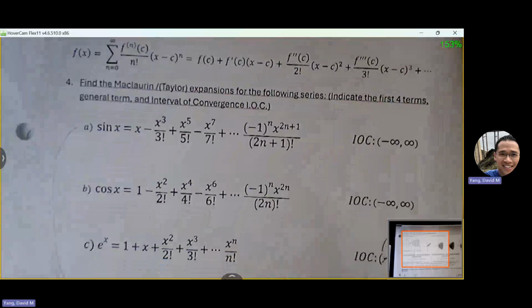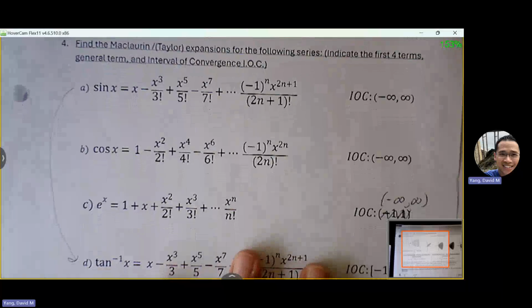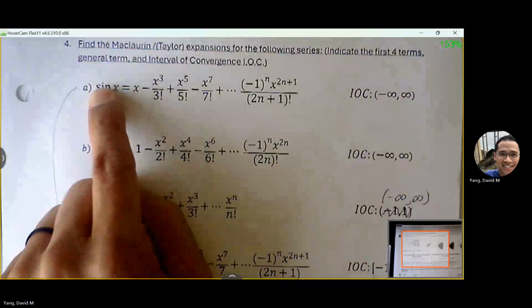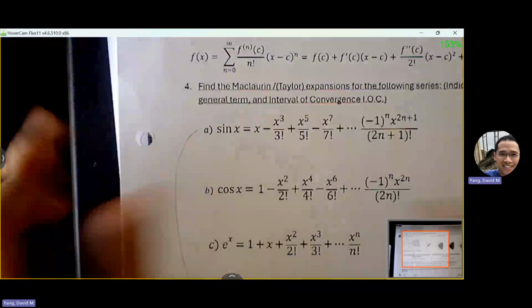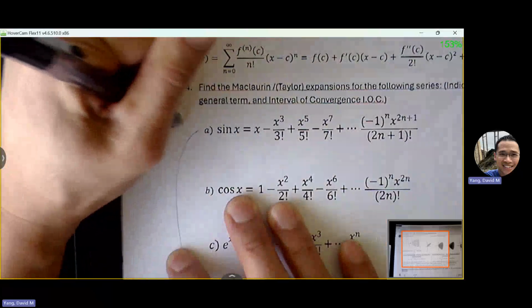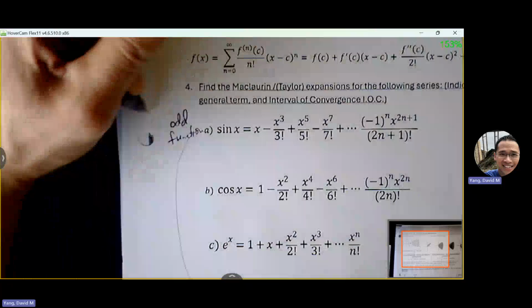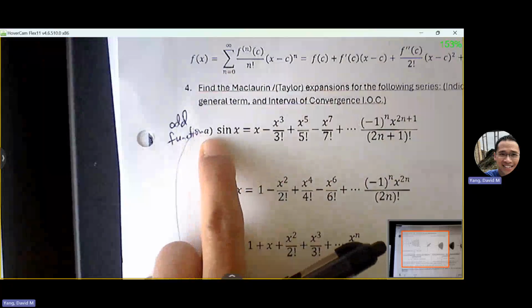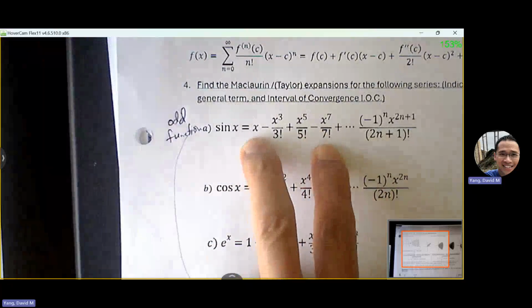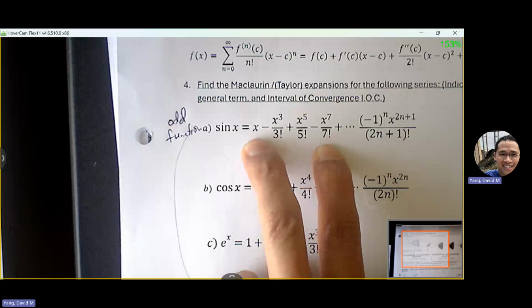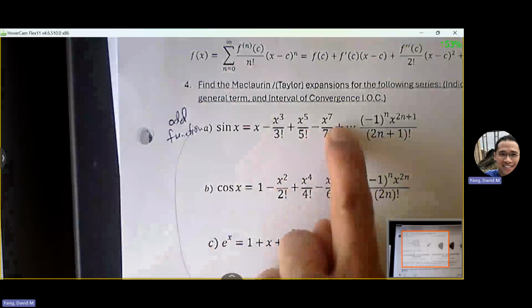Now, let's talk about sine, cosine, and e to the x, just some common patterns here. Sine is labeled as an odd function. If you think back on sine and cosine, it's an odd function. And the fact that sine is an odd function is helpful in their Maclaurin expansion because all the degrees are odd.